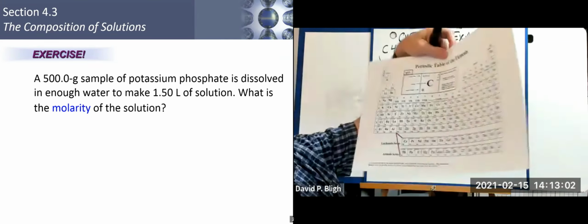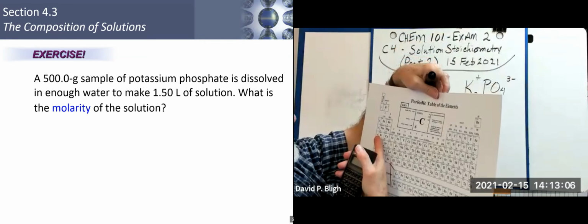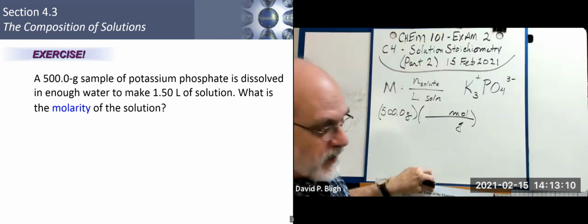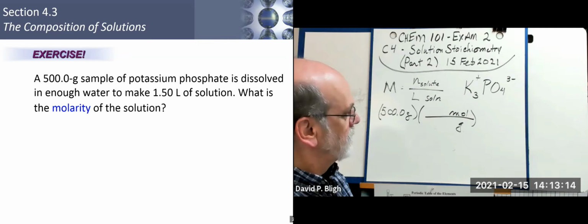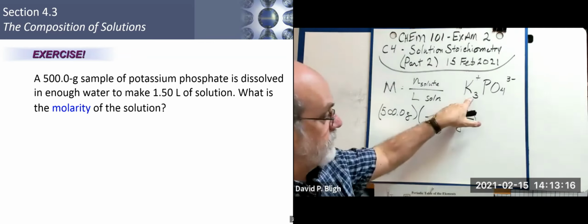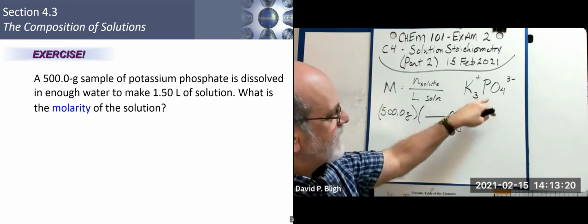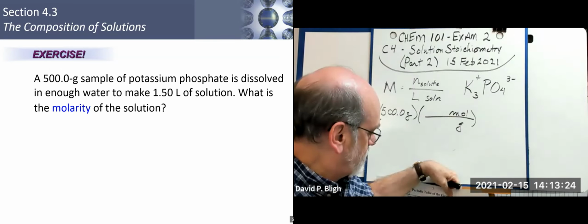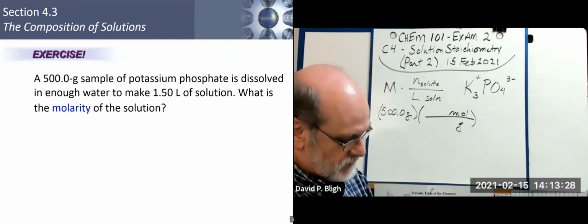So I'll look on my periodic table. 39.10, rounded off to 2 decimal places, times 3, because you have 3 of them, right? And then add that together with 1 phosphorus, which is 30.97.